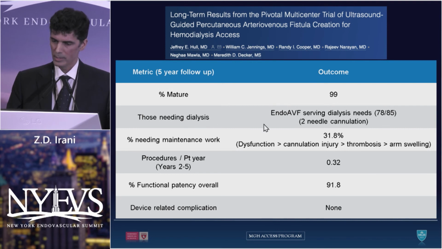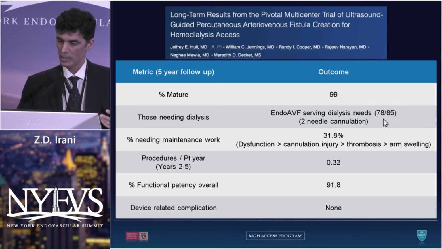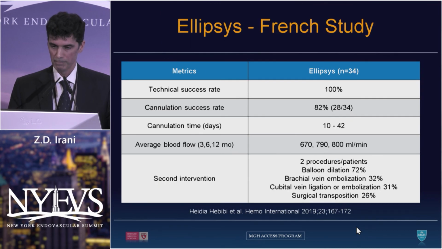Of those needing dialysis, a high percentage actually got the fistulas to two-needle cannulation and were dialyzed through the access. Throughout the follow-up period, about a third of them needed standard maintenance work, which includes balloon angioplasty for dysfunction or cannulation injury. And there were no device-related complications in the entire cohort, which is pretty impressive for this device.